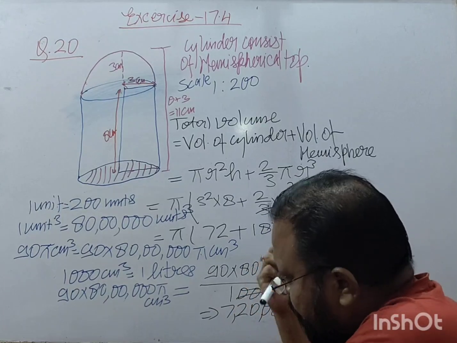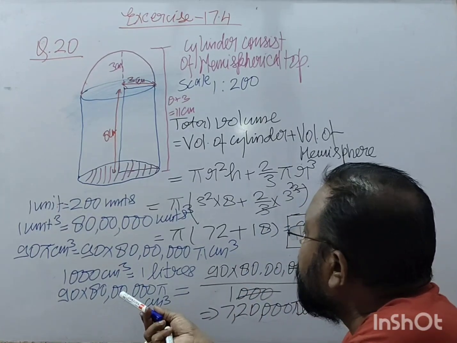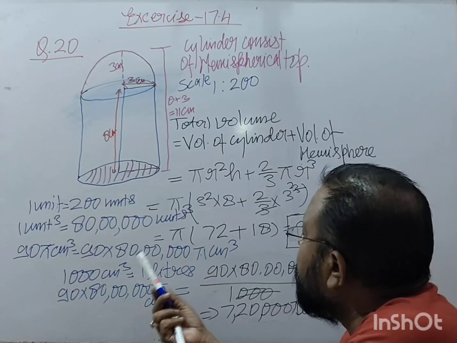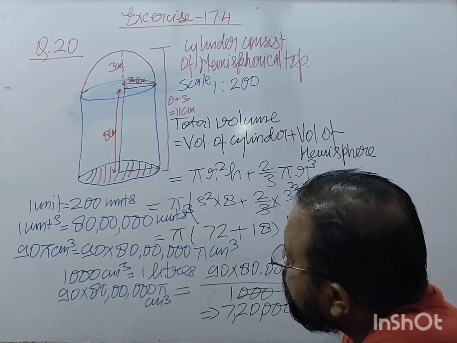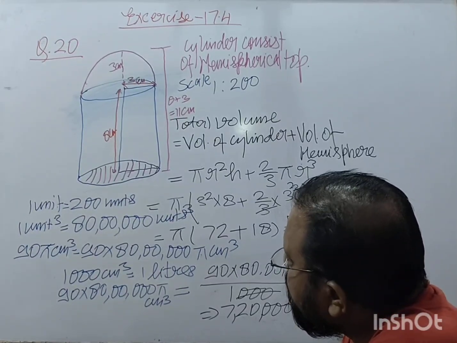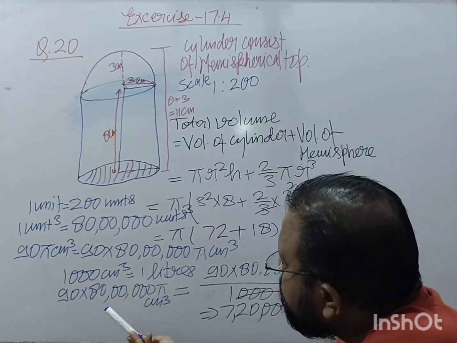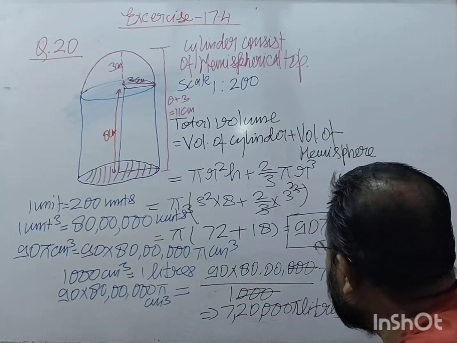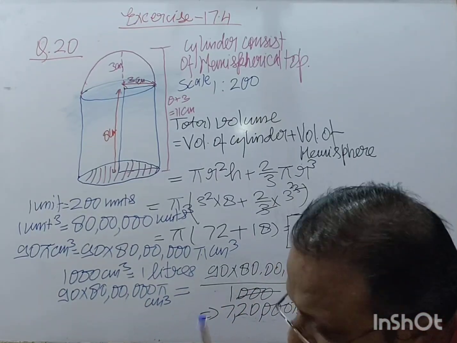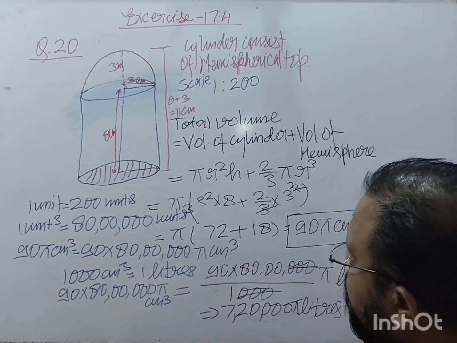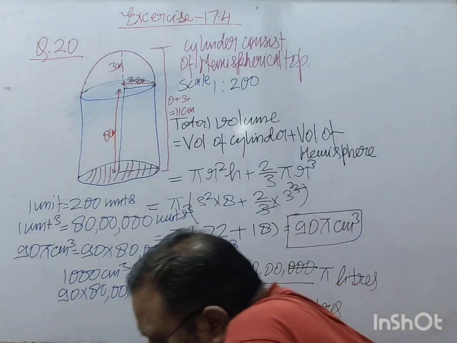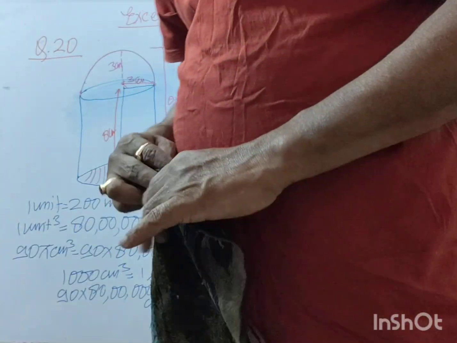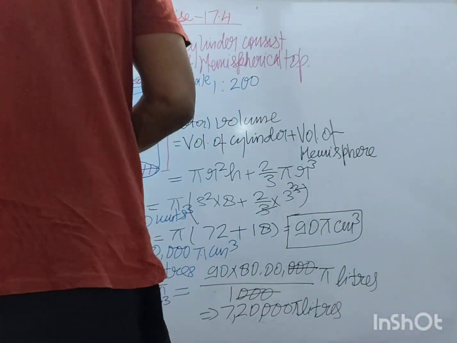Now 1000 centimeter cube is equal to 1 liter, so you apply the simple unitary method here.